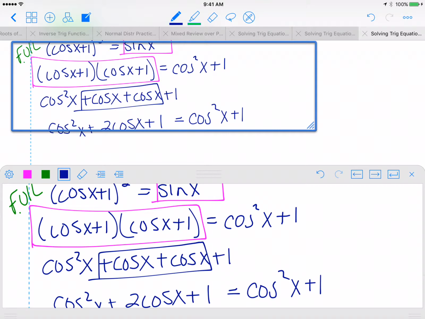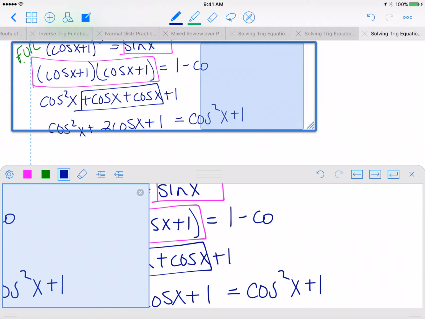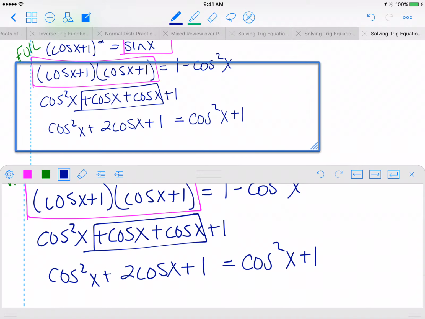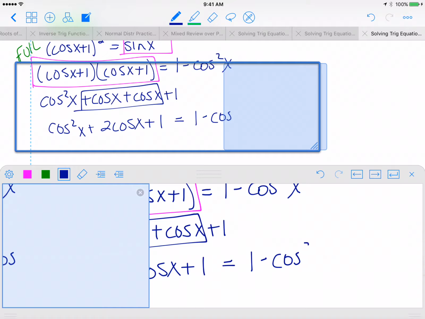This is supposed to be sine squared x plus cosine squared x equals 1. So that means this is supposed to be, did anybody catch that? 1 minus cosine squared x.